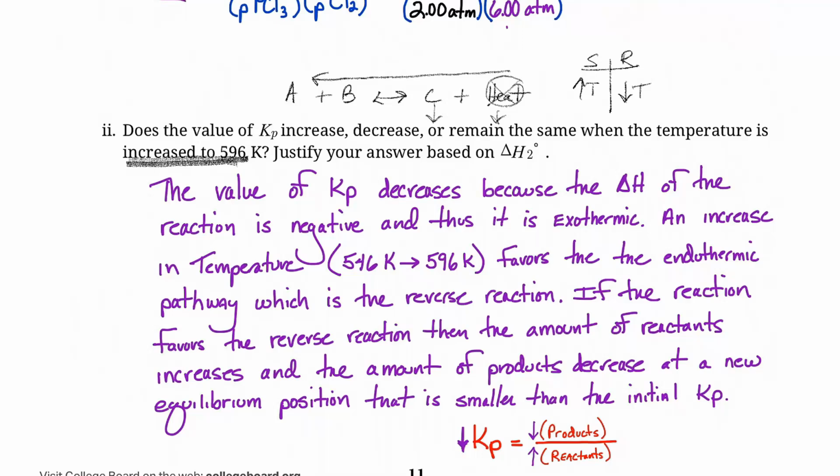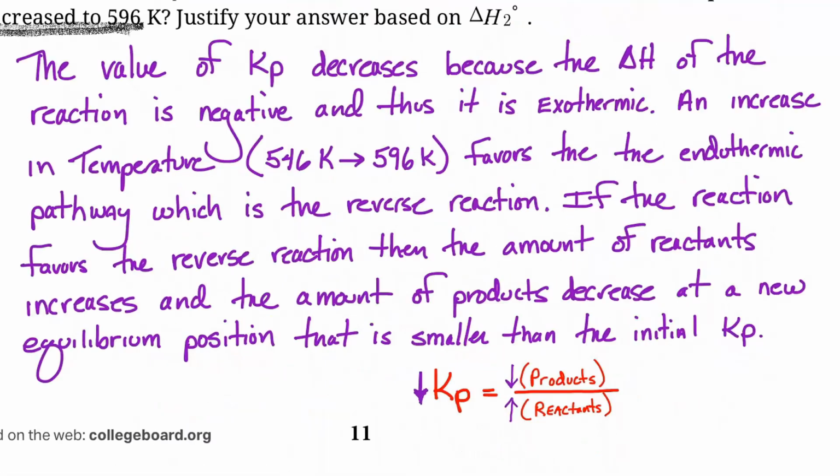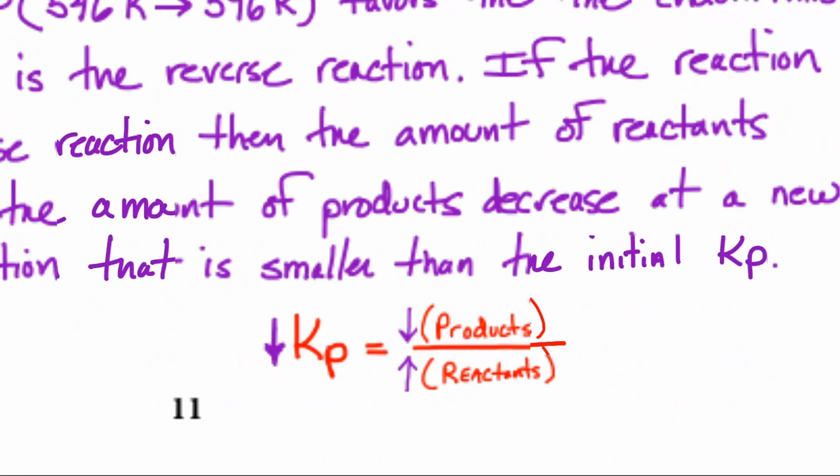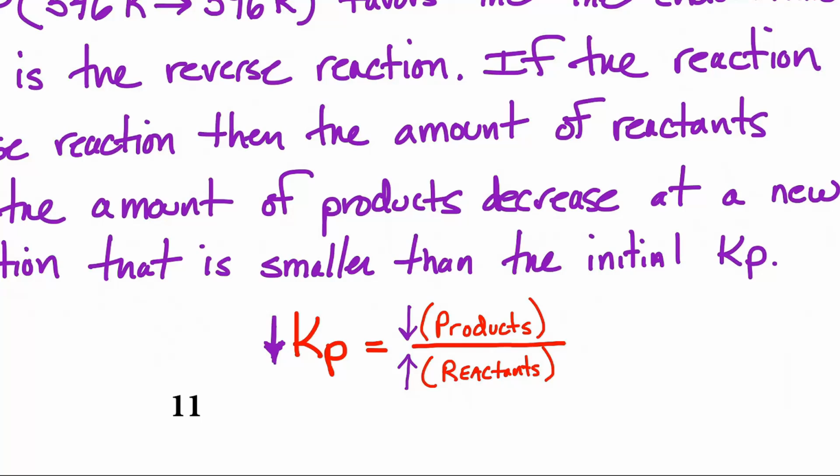And by them telling us it was exothermic, we needed to know that now this reaction is going to shift to favor more reactants. And down here, Kp or any equilibrium constant is really products over reactants, coefficients become exponents, and solids and liquids are omitted. If we're going to now shift to the reactant side, we're going to make more reactants than we have at equilibrium, and we're going to lower the products than we have at equilibrium.